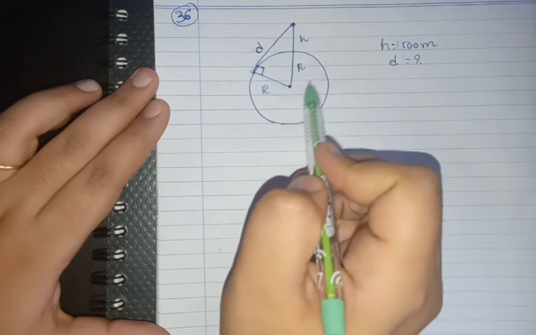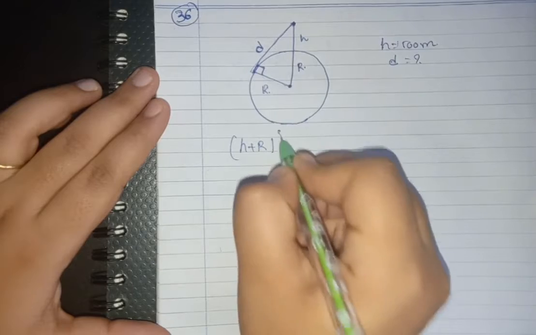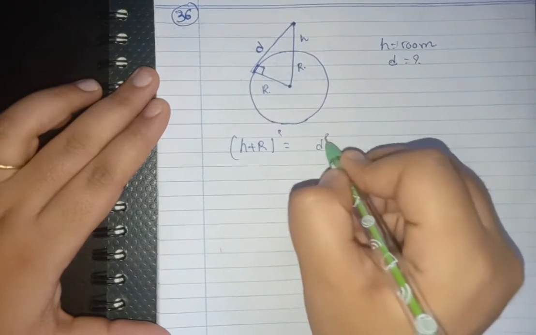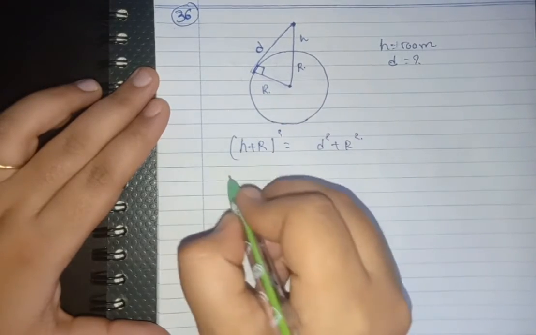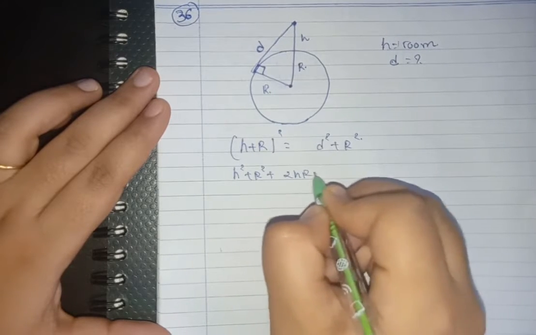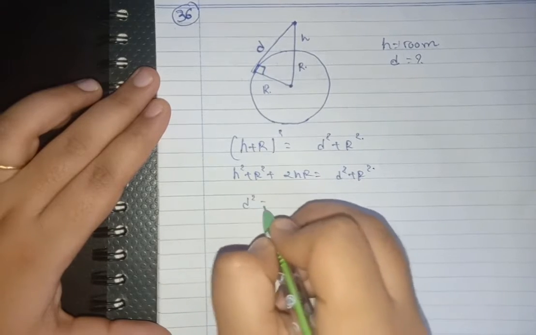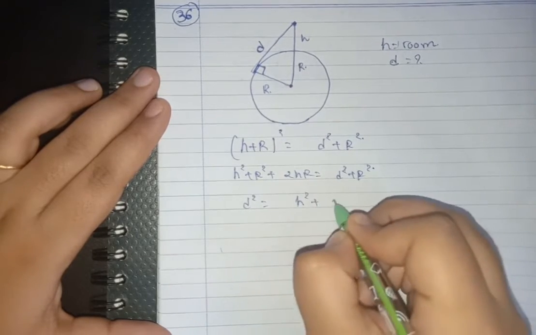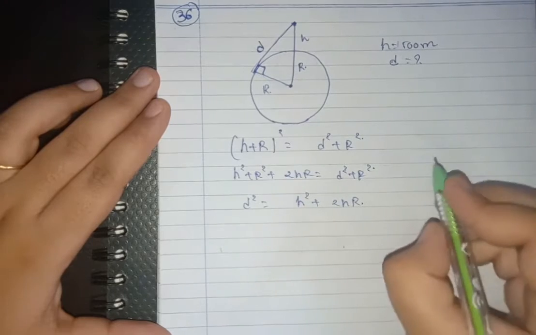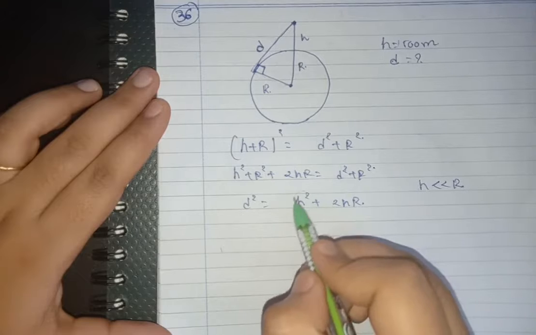We can use Pythagoras theorem. So h plus r whole square is equals to d square plus r square. So h square plus r square plus 2hr is equals to d square plus r square. So d square will be h square plus 2hr. As h is very less than r, we can ignore this term.